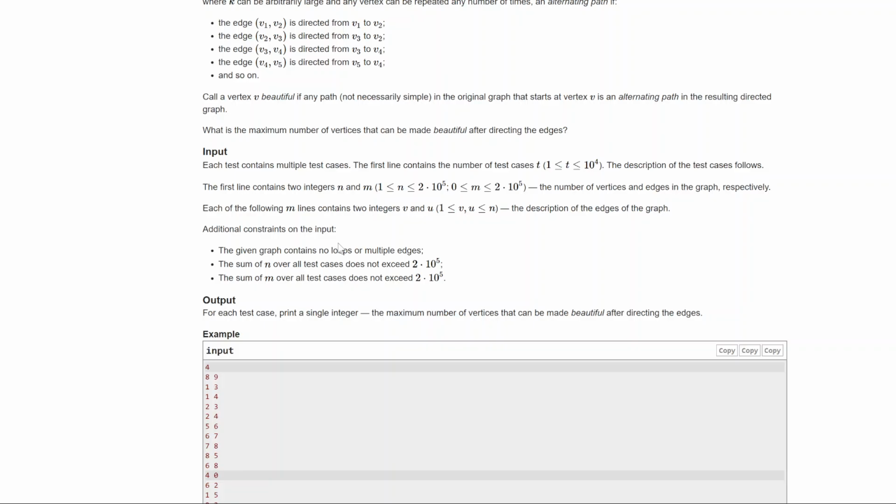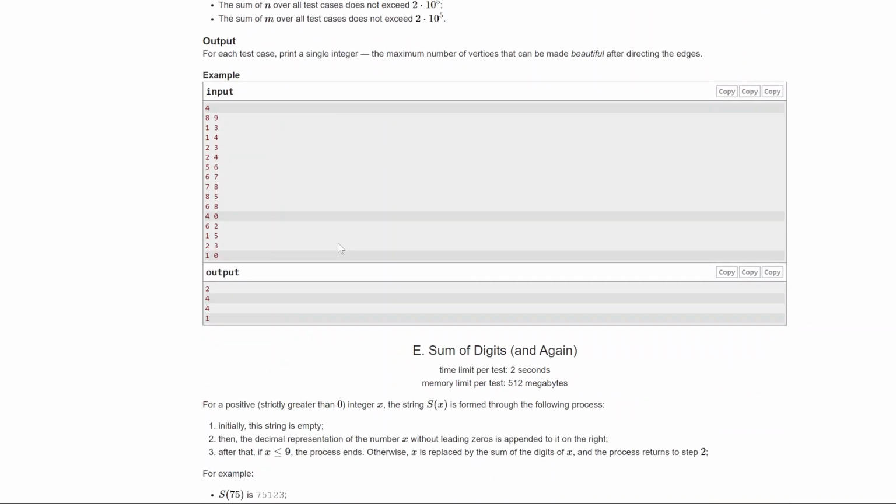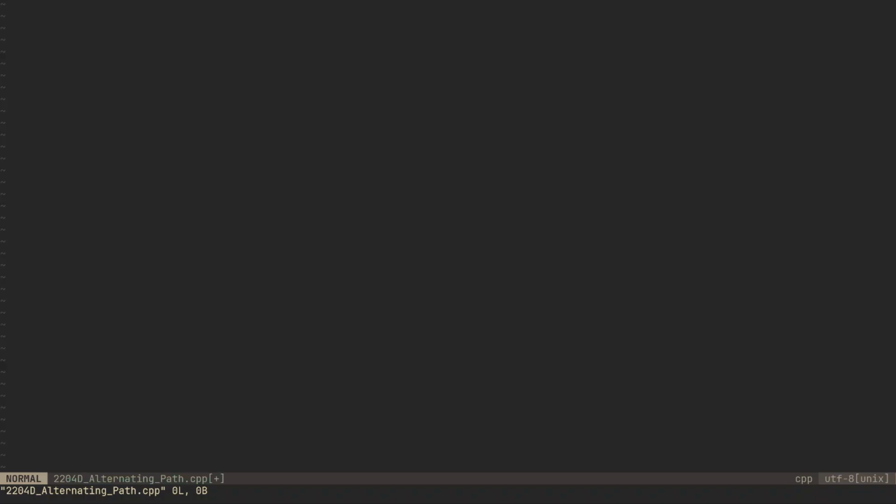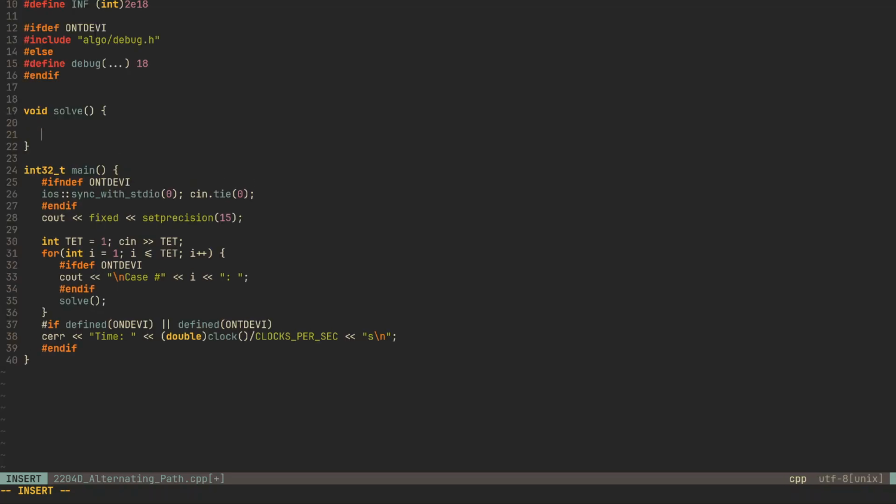What can we do here? Okay, let's do one thing which we have not done in ages, writing down the observation.